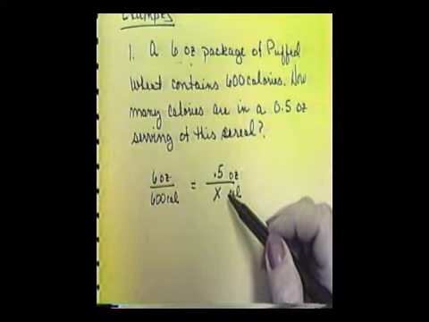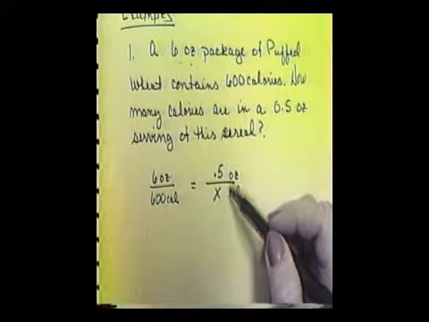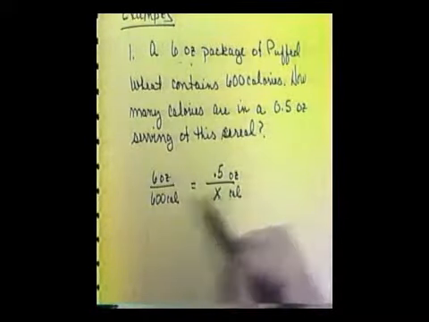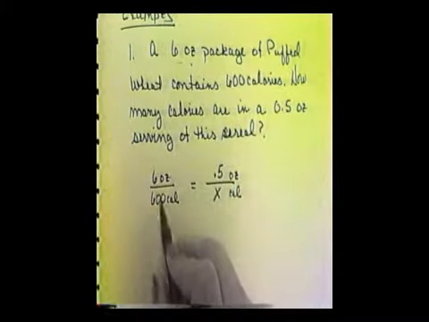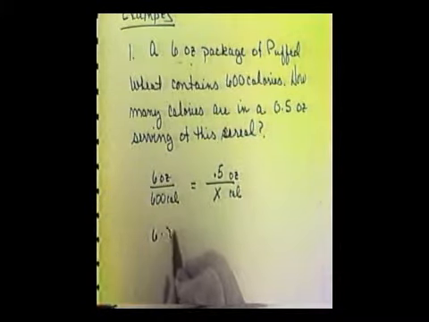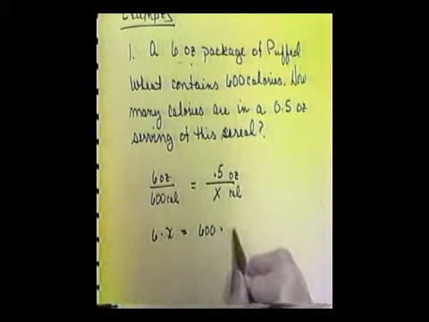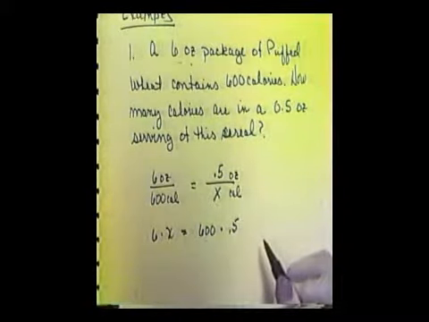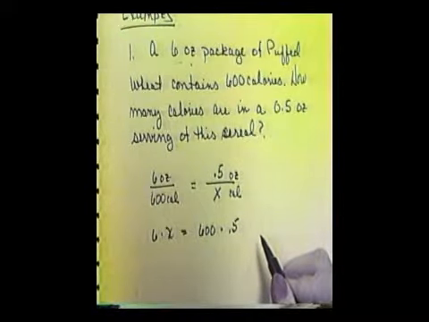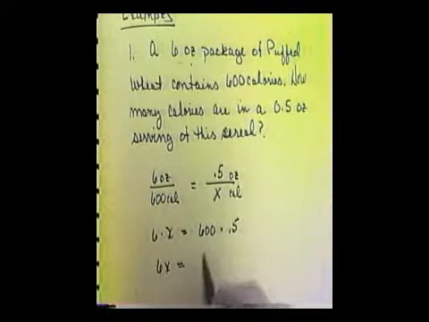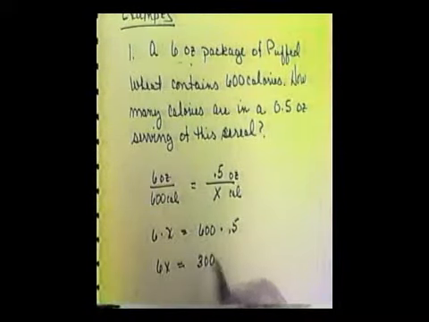Now that we have our proportion set up, we want to solve the proportion. Remember, how we solve a proportion is we cross multiply. We multiply the extremes and set that equal to the product of the means. So we have 6 times X is going to be 600 times 5/10. It gives me 6X is equal to 600 times 0.5 is 300.